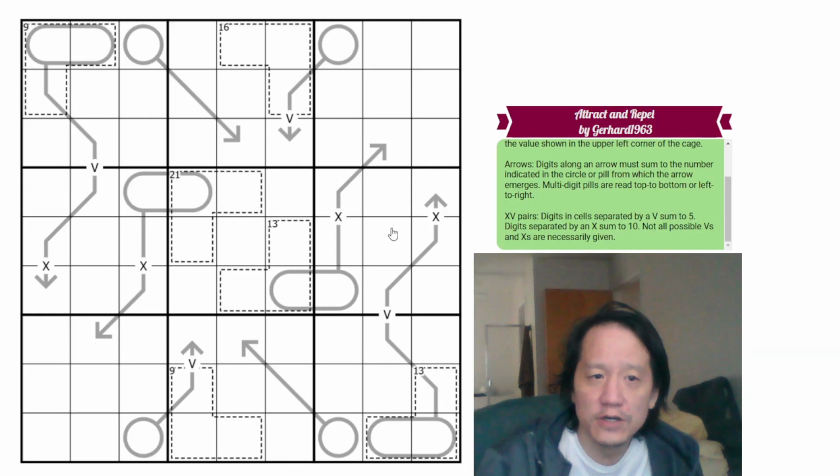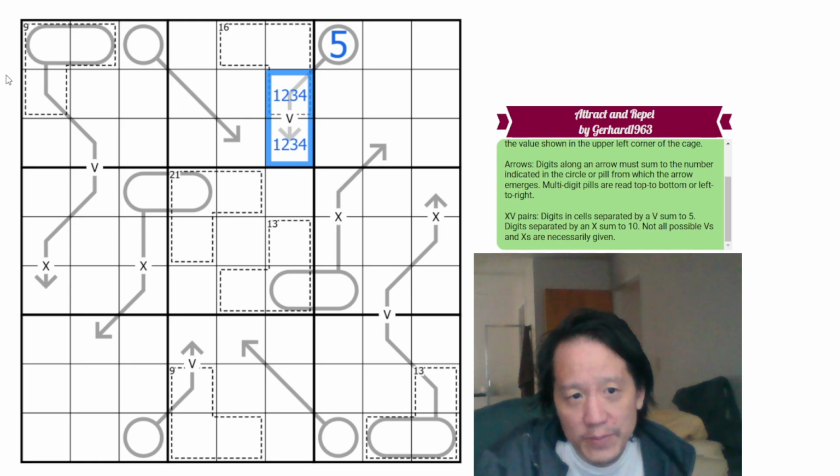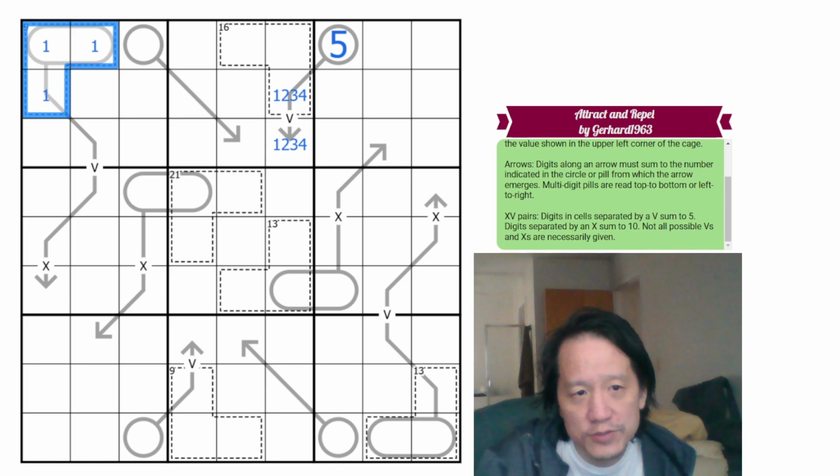Let's go. Okay, so first things first. This adds up to 5, therefore this is 5. So therefore this is 1, 2, 3, 4. Three digits that add up to 9 can only be 1 through 6, right?